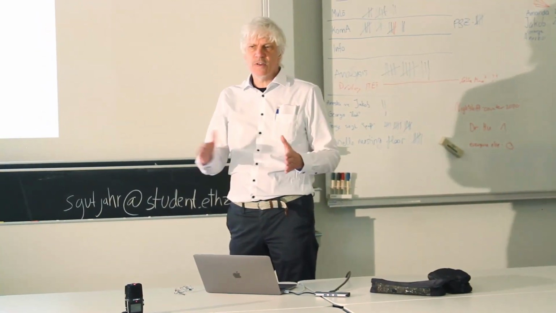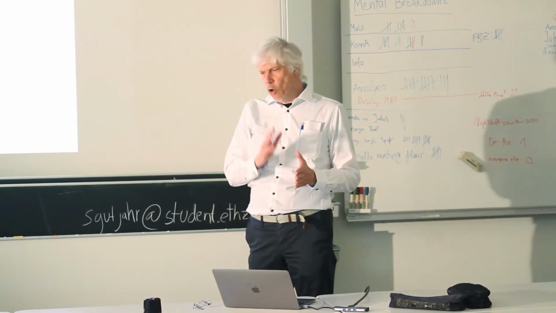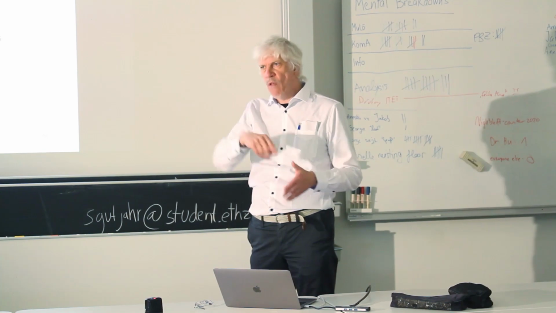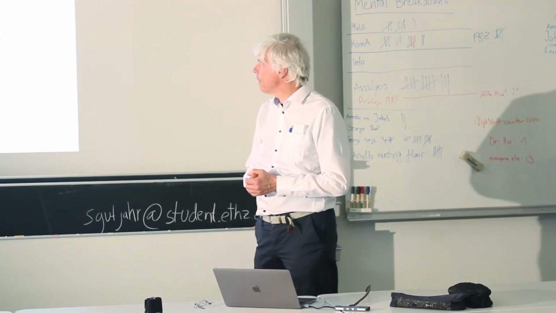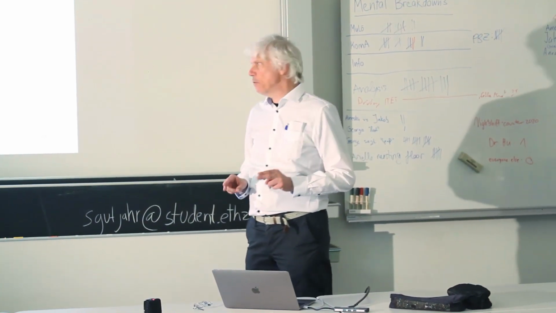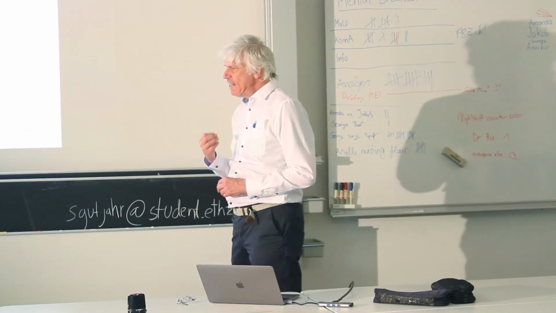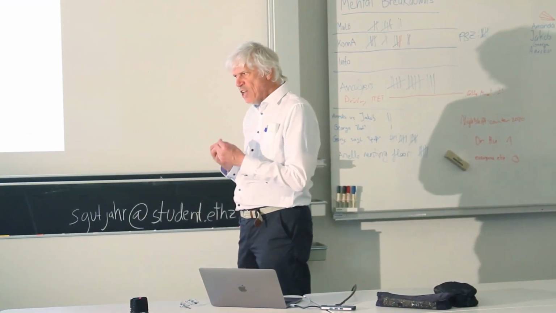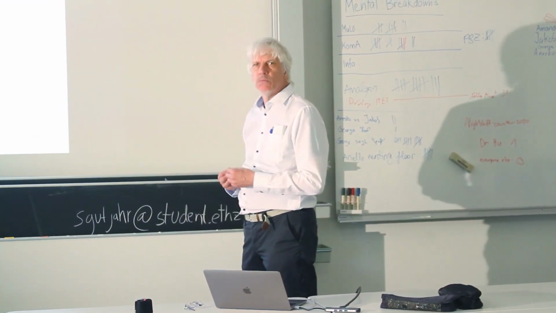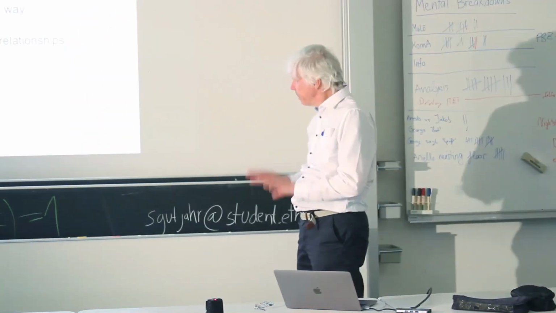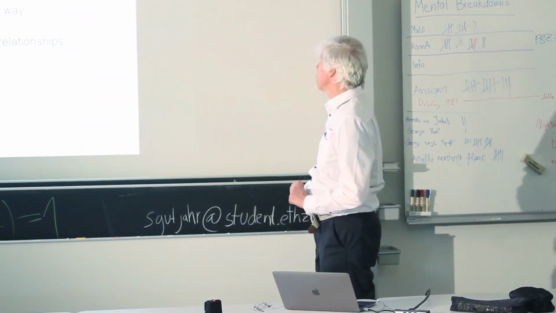So for every intensity, you know how many pixels come with that intensity. That's a 1D distribution over intensity. This is a two-dimensional distribution. And also compared to the 1D histogram, in fact it adds some information about position, although still weak, but it has some information about position at least.